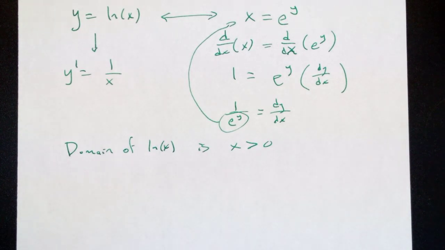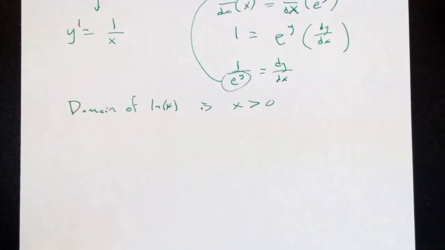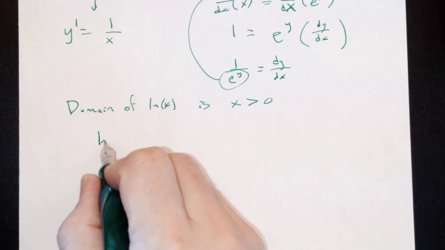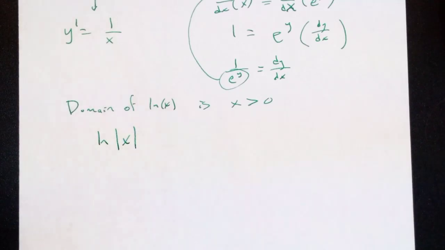1 over x is defined as long as x is not 0. It's defined both for positive x's and for negative x's. What if I did an absolute value? Well, then I'd be allowed to plug in negative numbers, right?